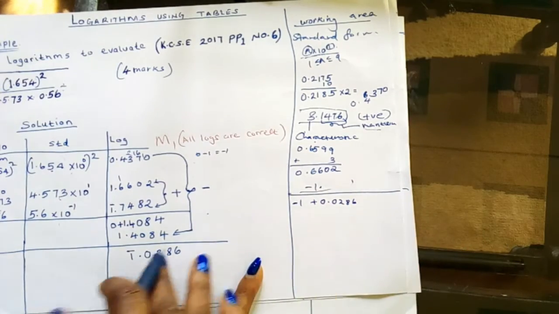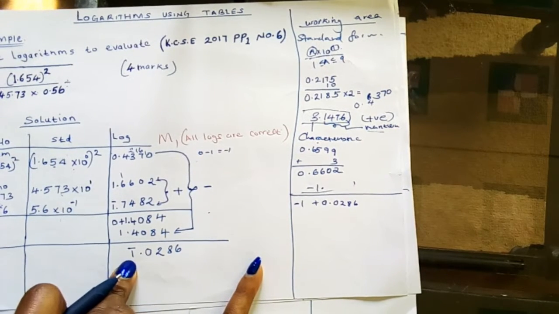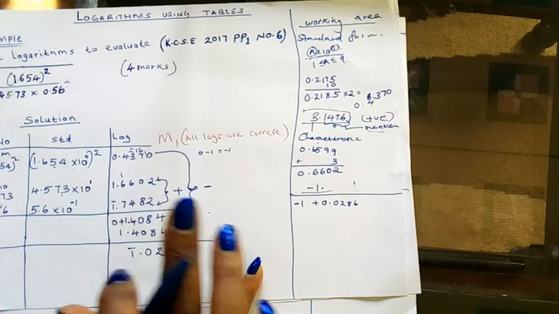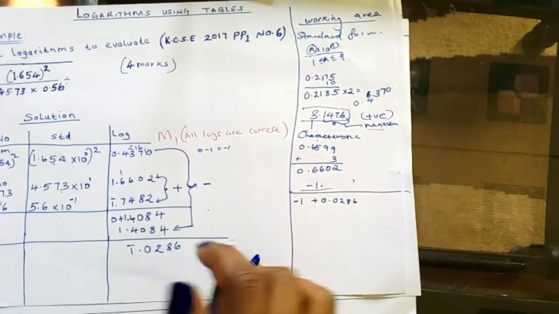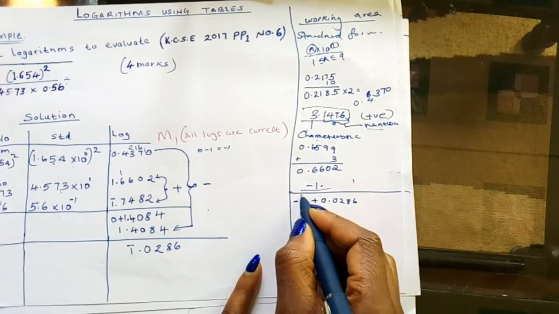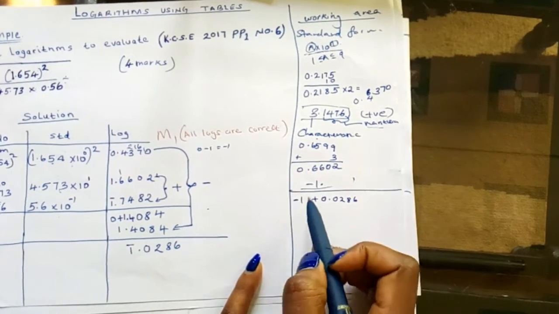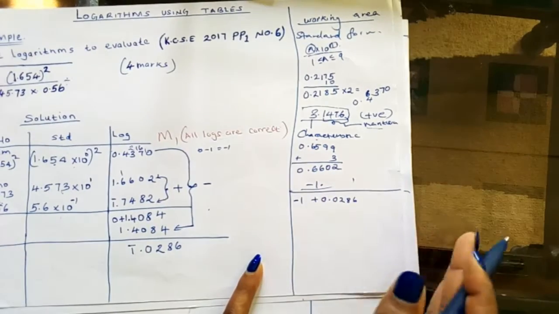Now we cannot divide by 3 directly, because the characteristic is negative and the mantissa is positive. So we divide them separately, and for that we have to make the characteristic divisible by 3, without leaving any decimal, a perfect division.